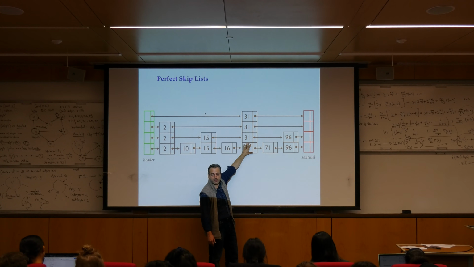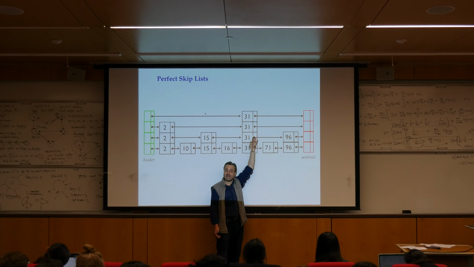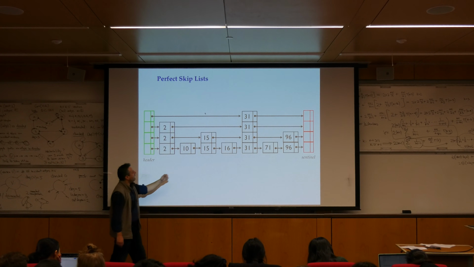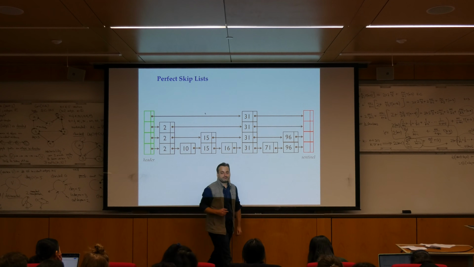Somebody give me 31. The bottom one doesn't count. It has to be there. I flip the coin, I get head, head, head. And the fourth time when I flip the coin, I got what? Tail. Because that's why I didn't stack it 4 times. Make sense? So how many heads did I get here with this 15? 1. That's how I generate the stack.